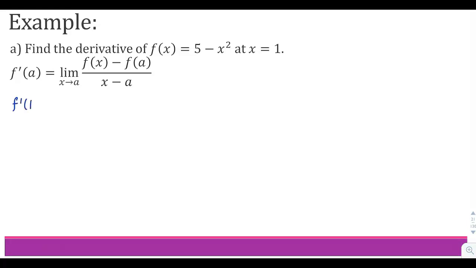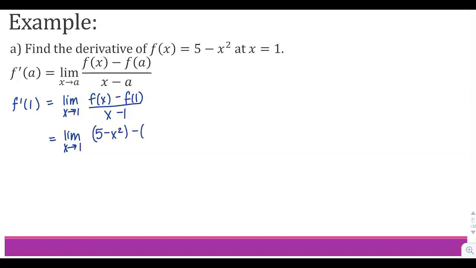So f prime of 1 would be the limit as x approaches 1 of f of x minus f of 1 over x minus 1. So we'll substitute in f of x, which is 5 minus x squared, minus f of 1, so 5 minus 1 squared, over x minus 1.